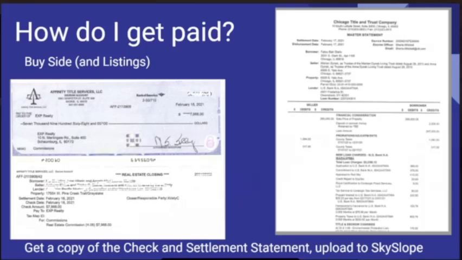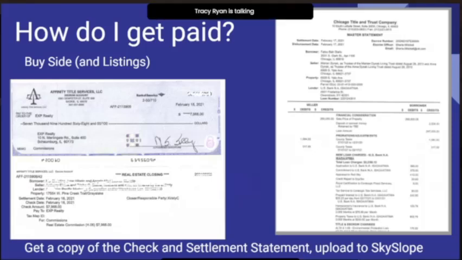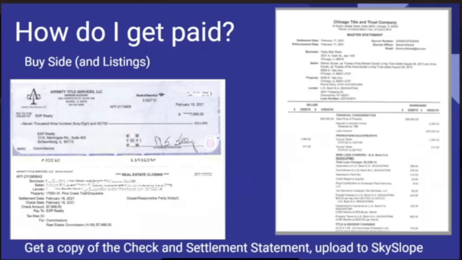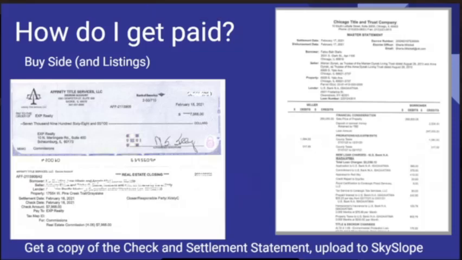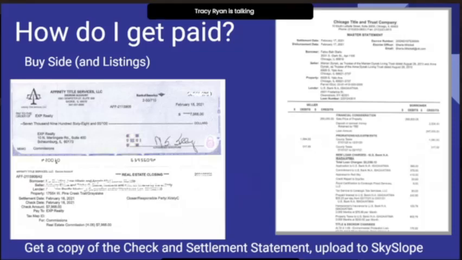Okay. If you can't go to closing, I call them and I say, hey, can't be there. Please make sure to mail the check and settlement statement to the address on my commission statement, not the address on the check, because the check is going to reflect your MLS address, the address from the contract, which is your office address, whether it's Schaumburg, Chicago, or one of the others.